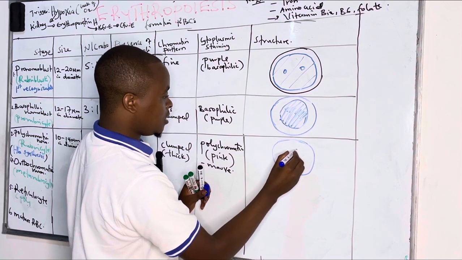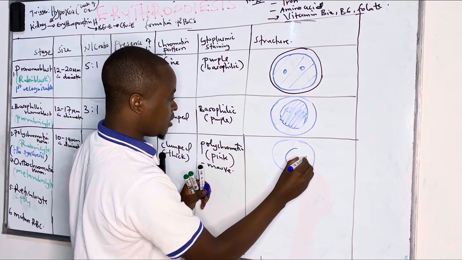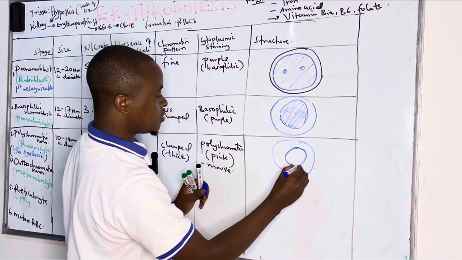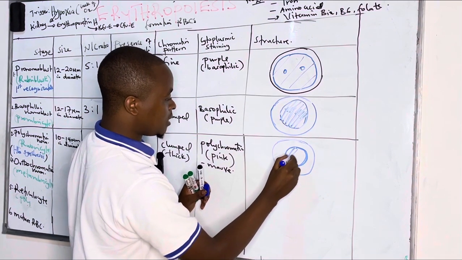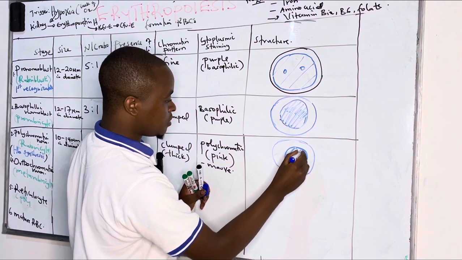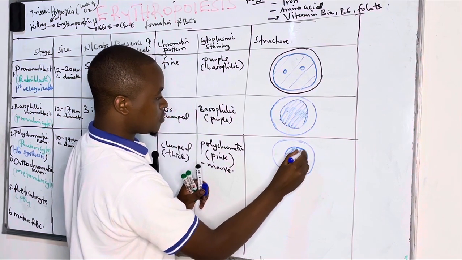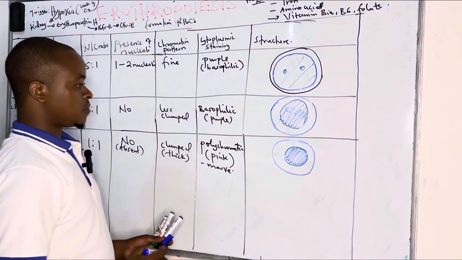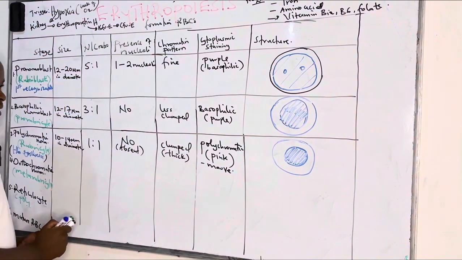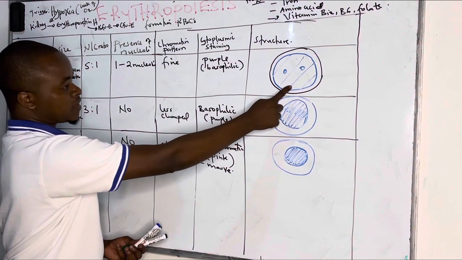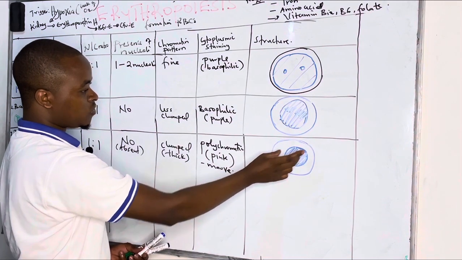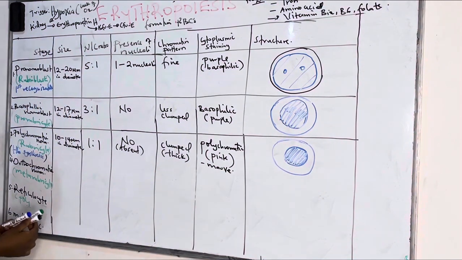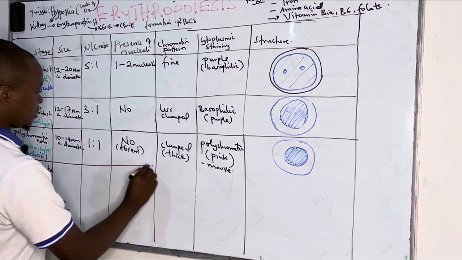And here, the nucleus has continued to condense. And the chromatin pattern becomes more clamped. That is how we can see. So the nucleus keeps on condensing, and also the cytoplasm increases. That is what we can talk about under polychromatic.